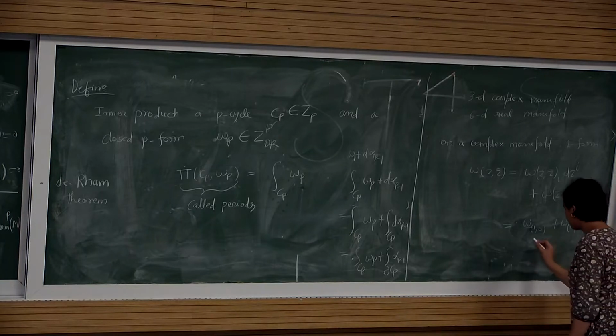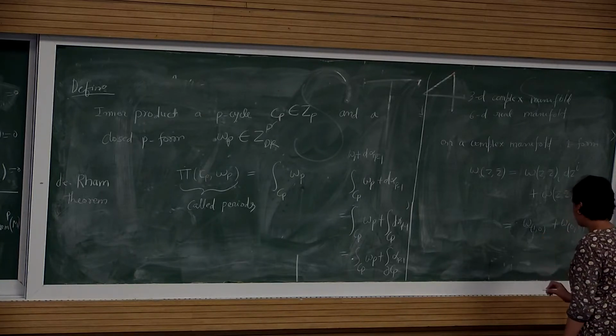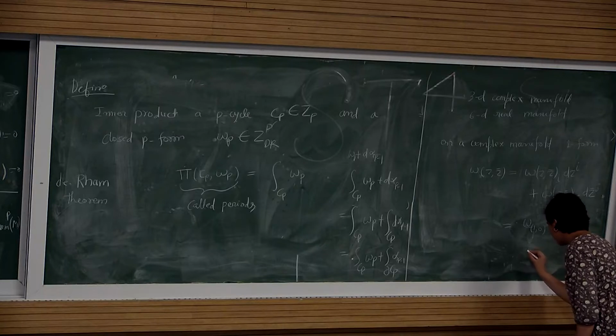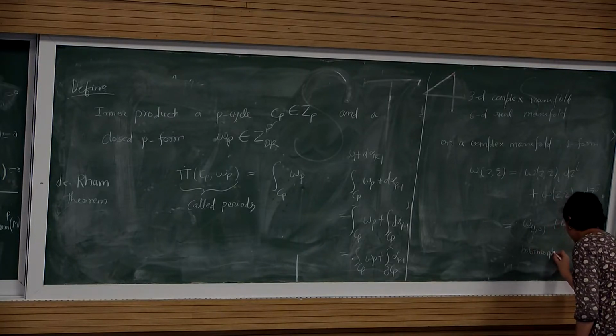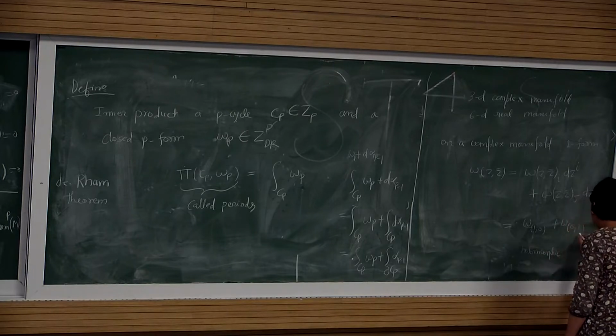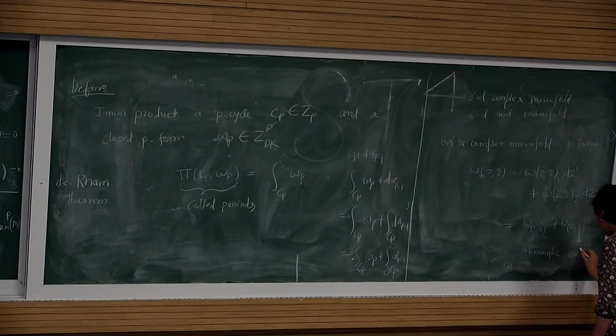So the first term inside the bracket gives us how many holomorphic indices there are, and the second one gives anti-holomorphic.